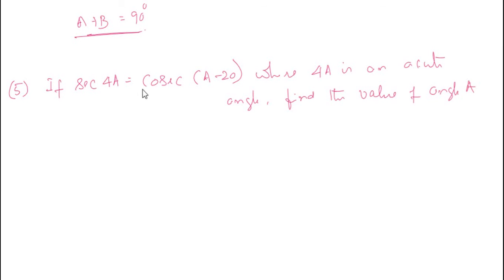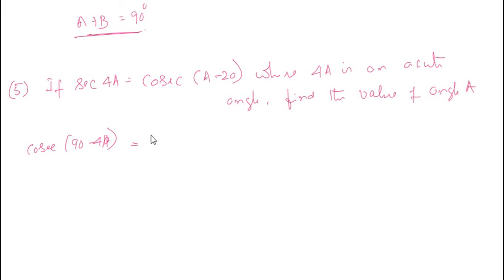If secant 4a equal to cosecant a minus 20, where 4a is an acute angle, find the value of angle a. Secant 4a can be written as cosecant 90 minus 4a. We know cosecant 90 minus a is secant a, so cosecant 90 minus 4a equal to secant 4a.